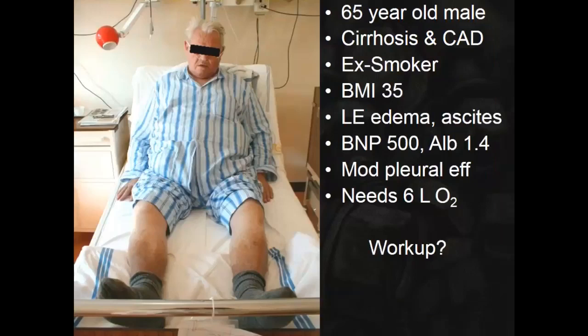So one more case. The usual: cirrhosis, coronary artery disease, ex-smoker, heavy person with lower extremity edema, hepatitis, high BNP, low albumin, moderate perfusion, needs 6 liters. How do you work that?